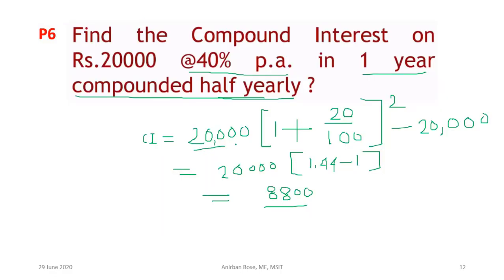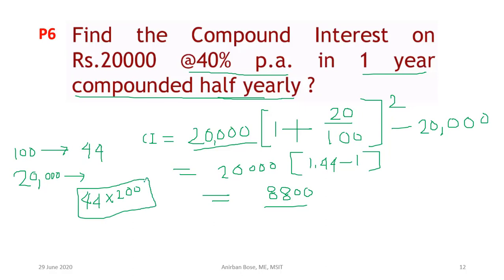The principal here is 20,000. So if 100 gives 44 as compound interest, the question is how much 20,000 will give. So we have to do only this much: 44 into 200. This is the answer. Okay. So in this way, if you can remember, then simply within 15 seconds you can solve the problem.